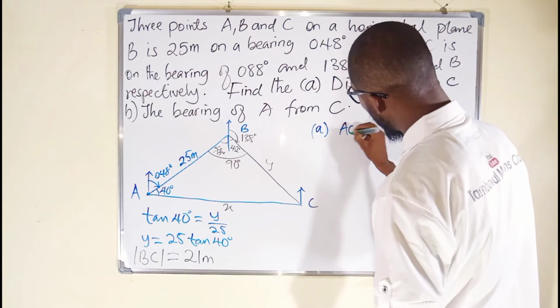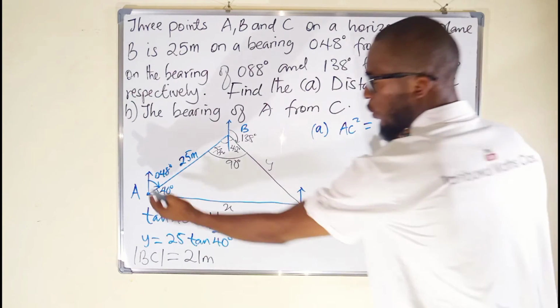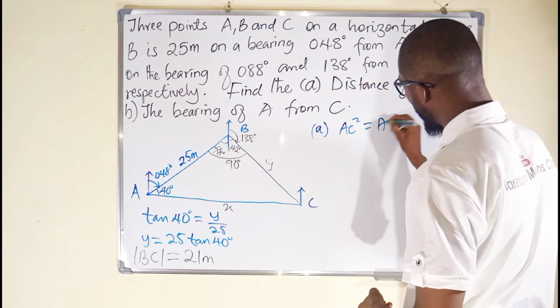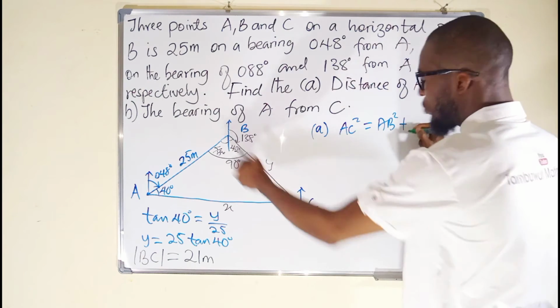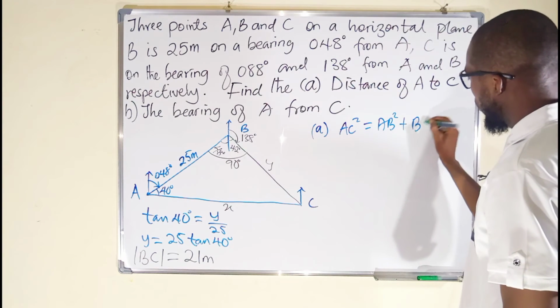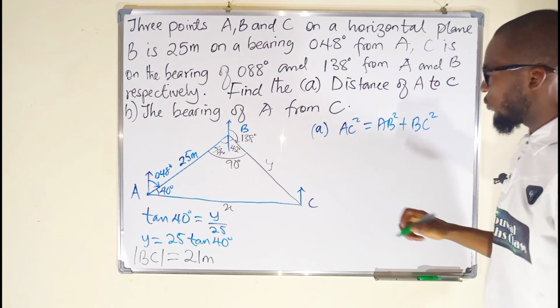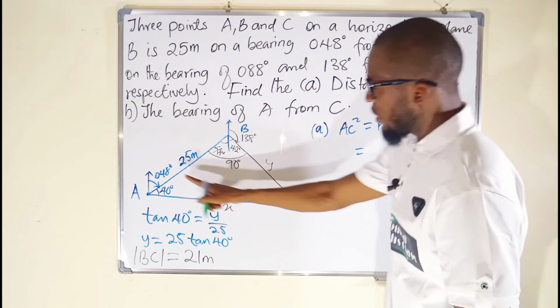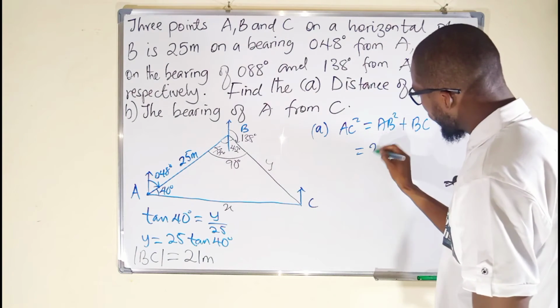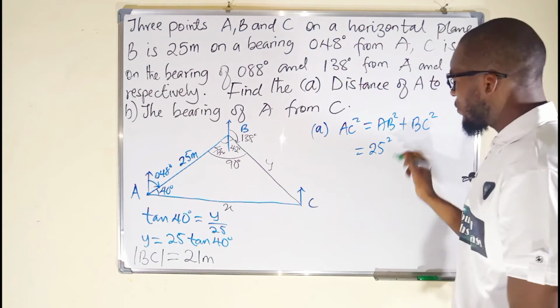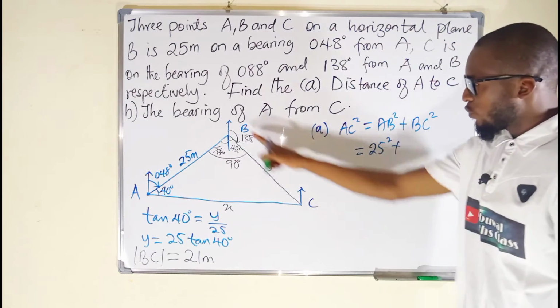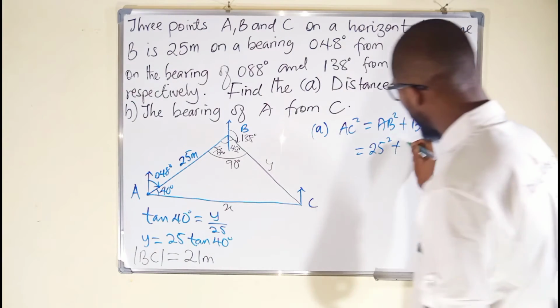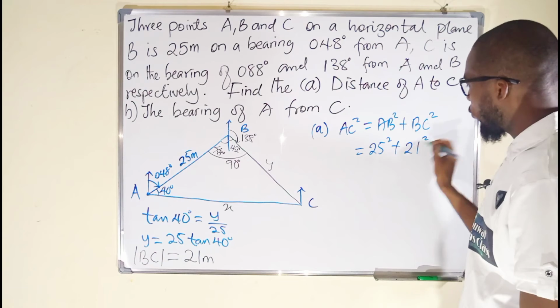So we call it AC squared will be equal to AB squared plus BC squared, according to Pythagoras. AB is given from the question as 25 meters, so we square this. BC is just what we have obtained as 21, so we have 21 squared.